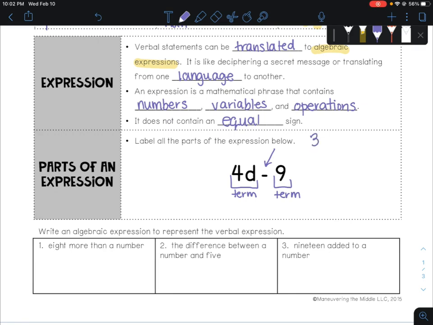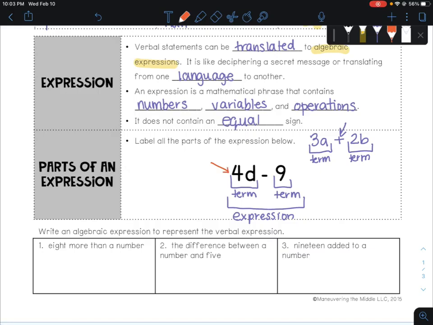Another example of terms would be if I had like 3a plus 2b, these are the terms because they're separated by that plus sign. Okay, that's one of the hardest words to learn because it's kind of a weird one. But it's super, super useful to know. Okay, now, so those are the terms. If we go further out, the entire thing is called an expression. So the terms make up the expression. Within each term, there are other vocab words.